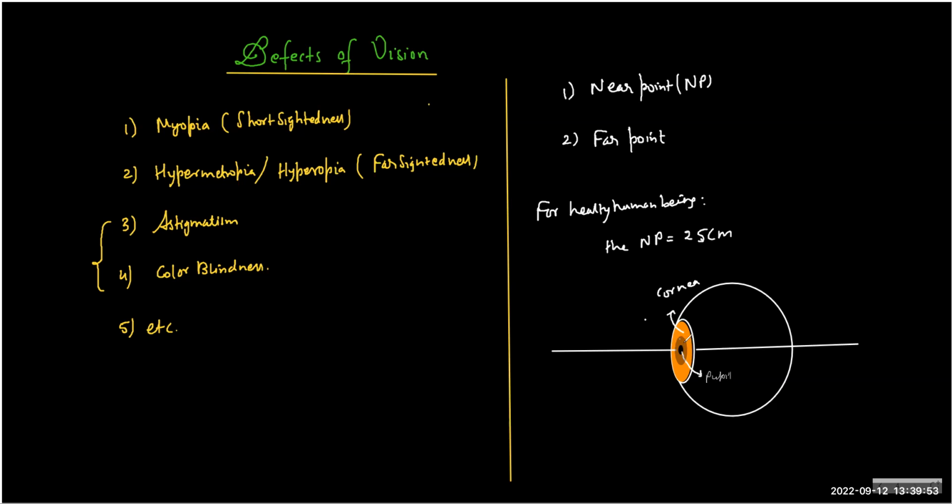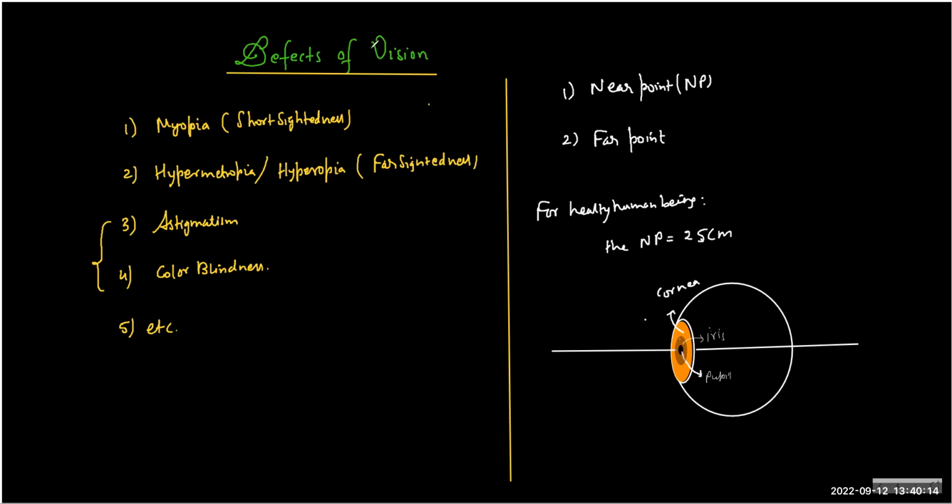And this part, which is the slightly darker part, is called the iris. And the outer layer is the cornea, and the inner layer is called the sclera.